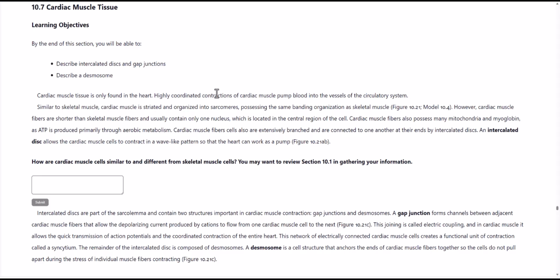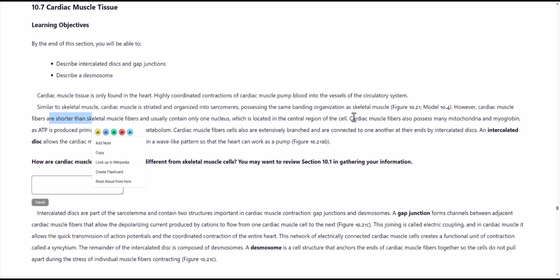You know that it is composed of striated cells, and because they're striated, you understand that they have actin and myosin arranged in sarcomeres just like skeletal muscle. But one of the differences is that cardiac muscle cells are shorter and usually only have one nucleus, whereas remember, skeletal muscle is multinucleated, and cardiac cells are branched, right?